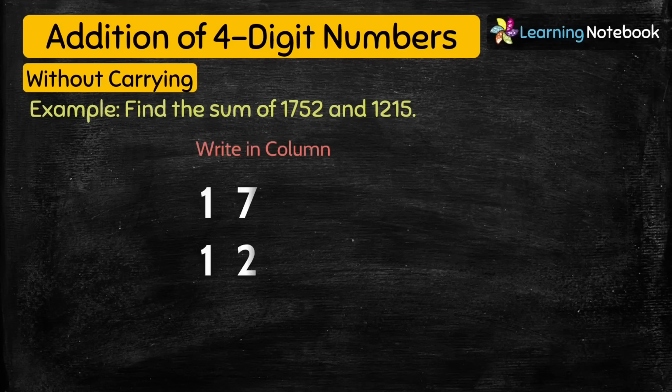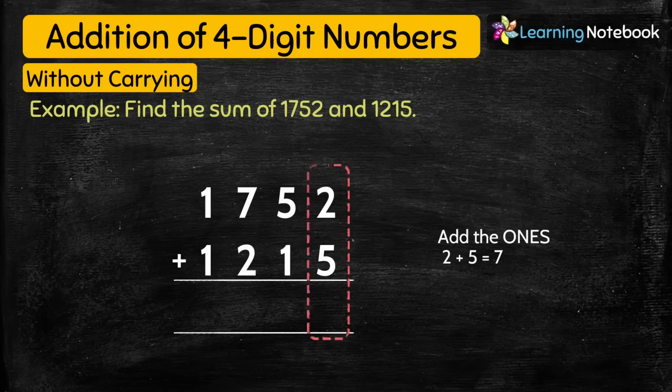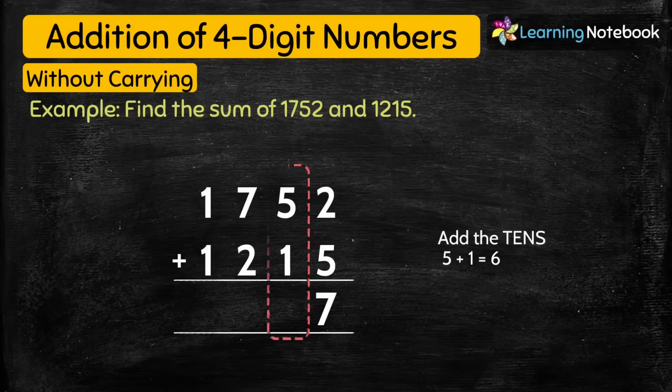To add these two numbers, first write them in columns as shown here. Now we will start adding them from ones place. 2 plus 5 equals to 7. Next, we will add the digits at tens place. 5 plus 1 equals to 6.